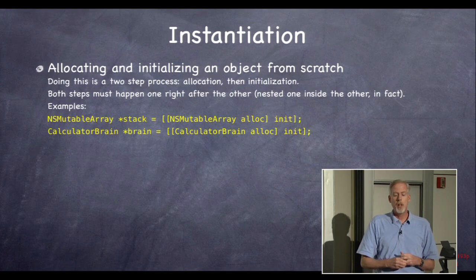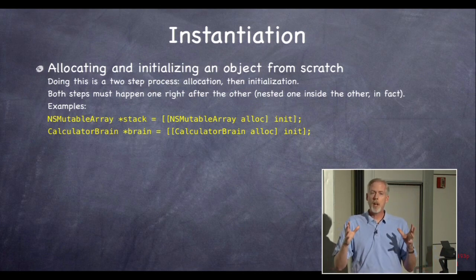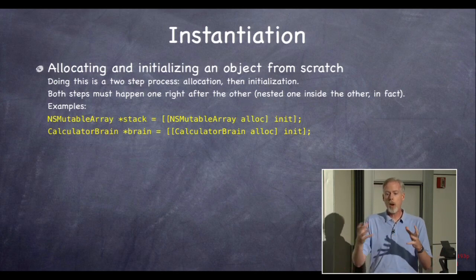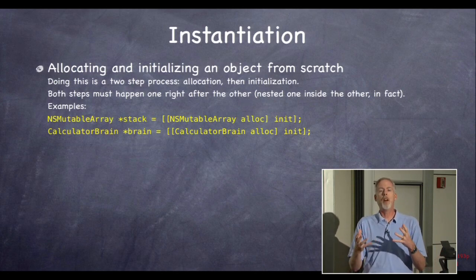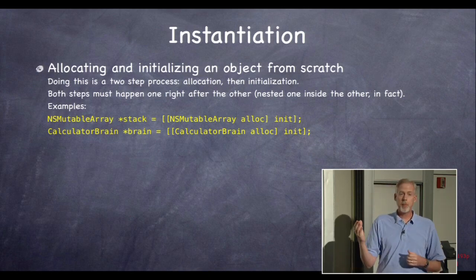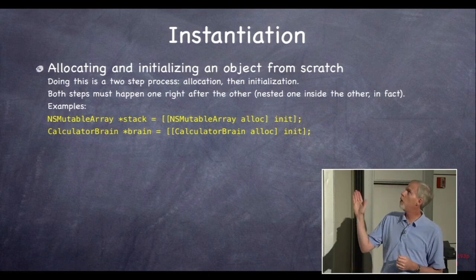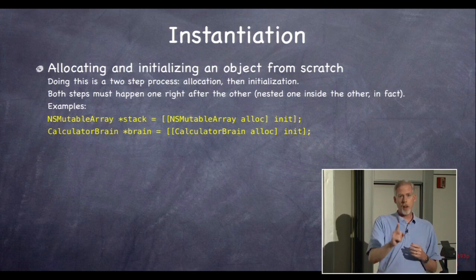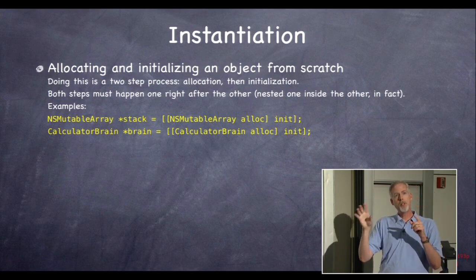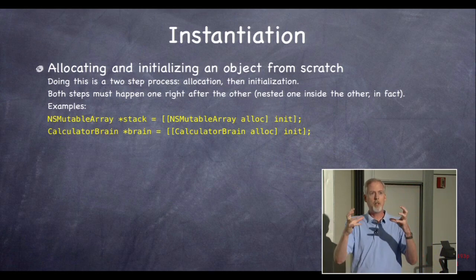That's what alloc does. But a lot of objects, if you created them and they're all 0 like that, they're not ready to go. They need some initialization. And whether an object needs initialization or not, we always, 100% of the time, wrap init, or some form of init, onto the outside of the alloc.